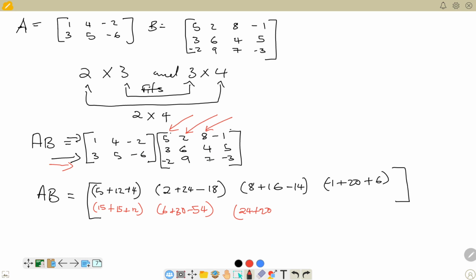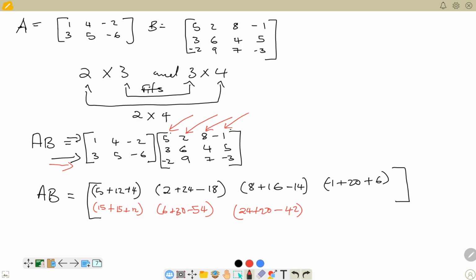Negative 6 times 7, that's minus 42. Excuse me. So we are done with the third column. We need to proceed to the fourth column.